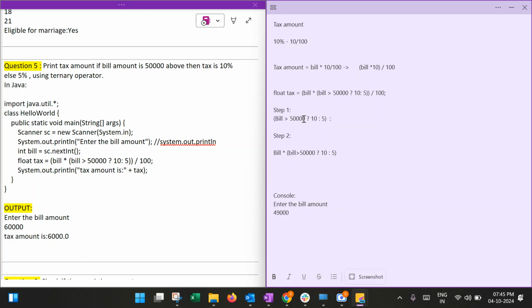No, it is not greater than 50,000. So, it will not go to the first value. It will go to the next value, and it will give the value 5. So, what will happen? Bill into 5. Okay. So, now bill into 5 means the bill amount was 49,000.